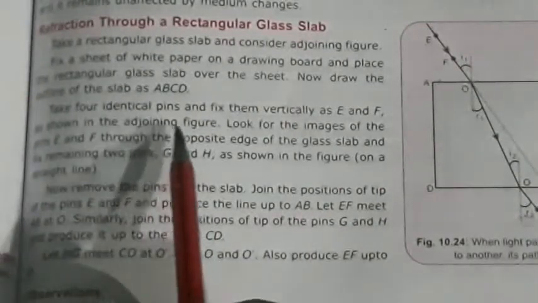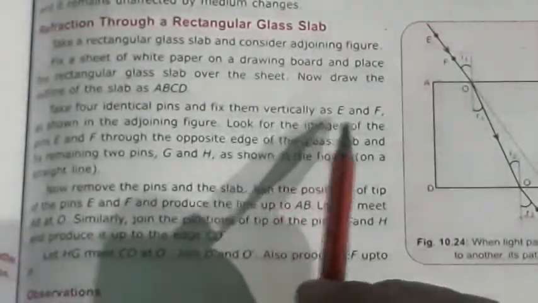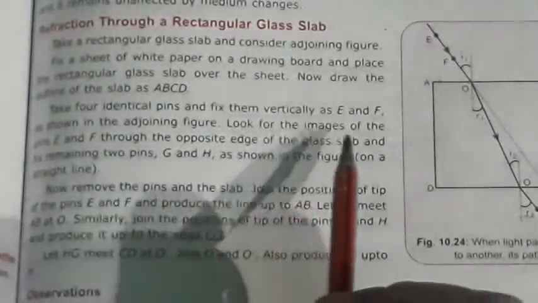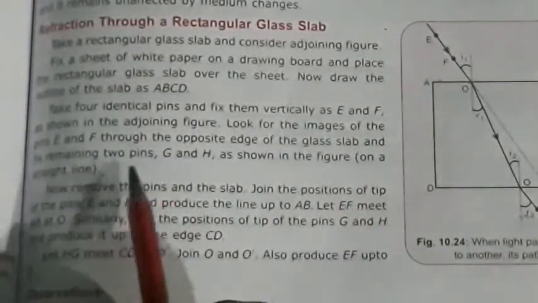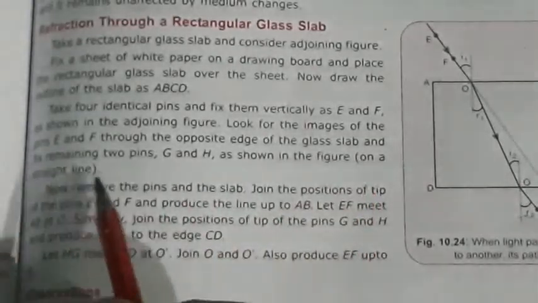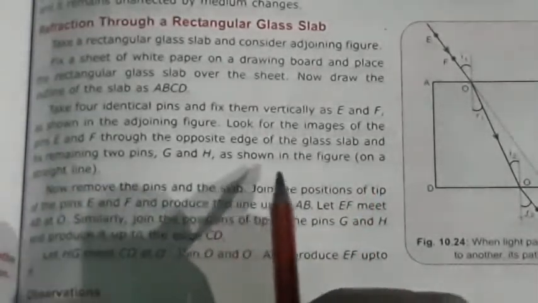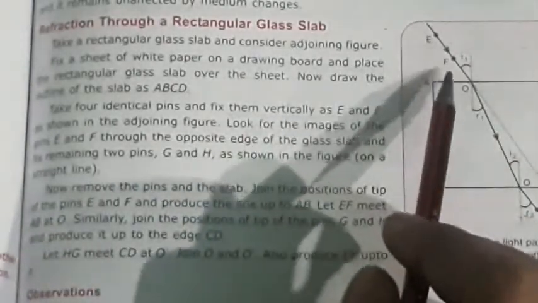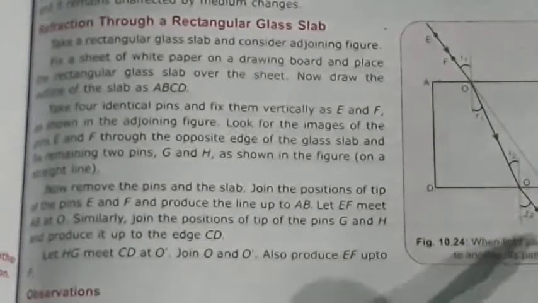Take four identical pins and fix them vertically at E and F as shown in the adjoining figure. Look for the image of the pins E and F from the opposite side of the glass slab, and fix the remaining two pins G and H on the straight line. We fix first E and F, then G and H.